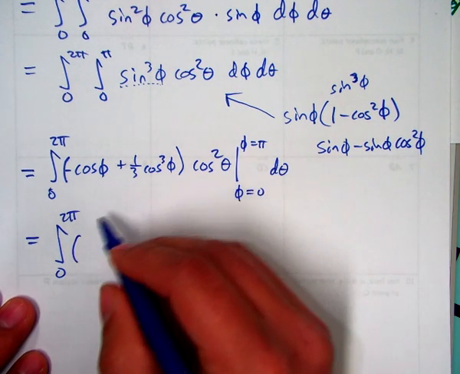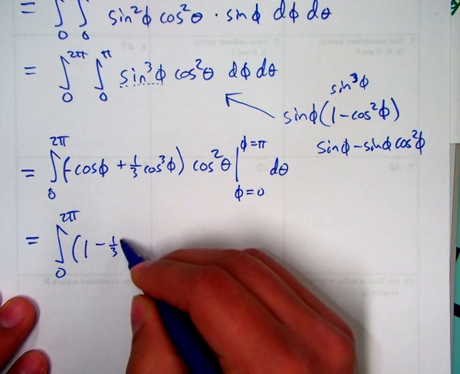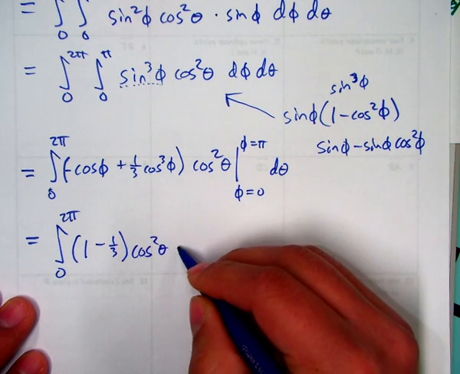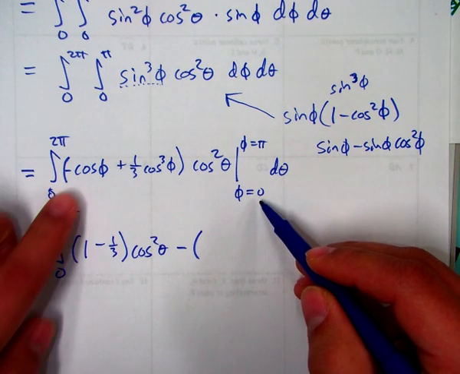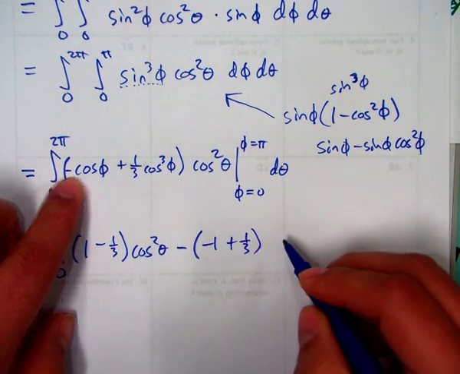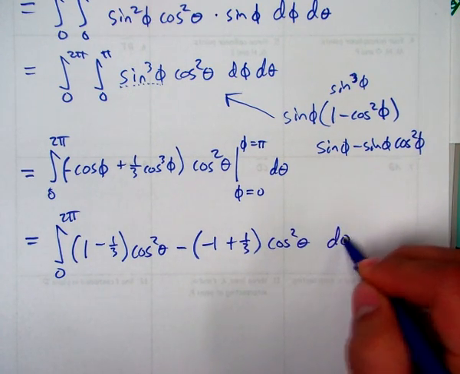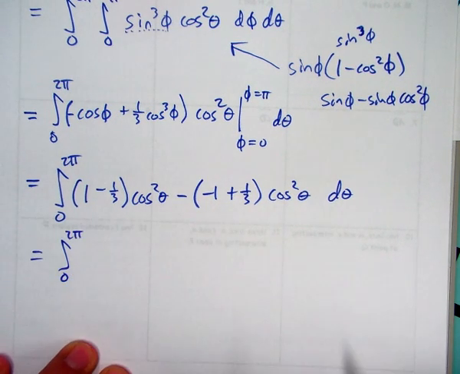This becomes a 1 minus 1/3 times cosine squared theta. Then we're going to subtract. Now we plug in 0. So that becomes negative 1 plus 1/3 cosine squared theta d theta. That's just 4/3, right? Yeah.